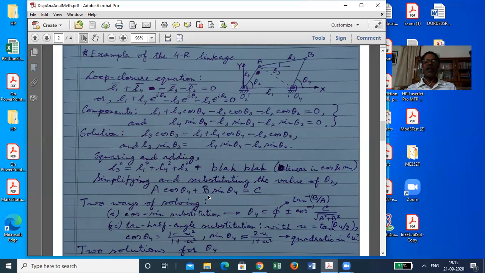Then what is that something? That something is square root of a square plus b square. So that means then you will have that square root of a square plus b square into cos theta 4 cos phi plus sin theta 4 sin phi. That is cos theta 4 minus phi. And then you divide by root over a square plus b square here, and that will be cosine of theta 4 minus phi.